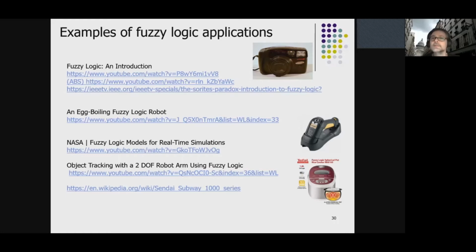In most of these cases, especially when it comes to automotive applications, you are not going to find this information in the manual. Because of the use of the term fuzzy, people in marketing were not very happy to write it down in brochures and manuals.